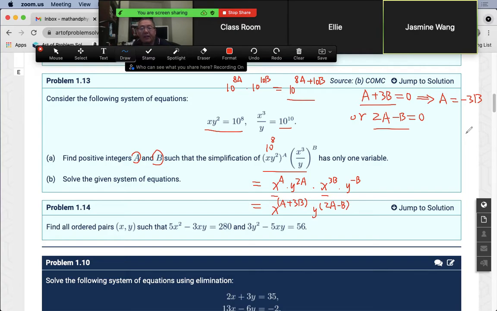Let's see here. If this one equals 10 power 8, this one equals 10 power 10, okay. If we use this one divided by this, what happened?